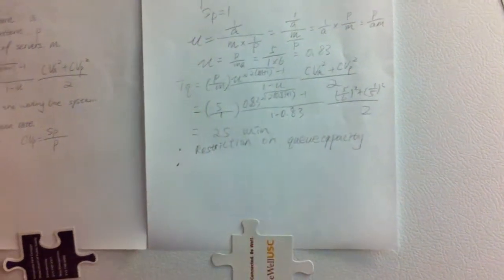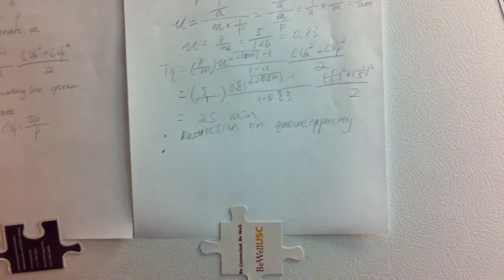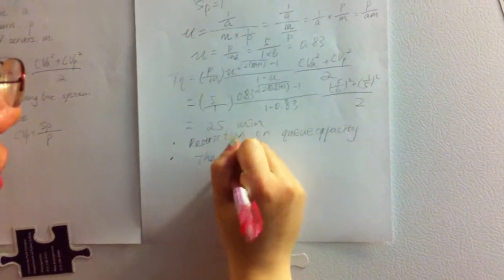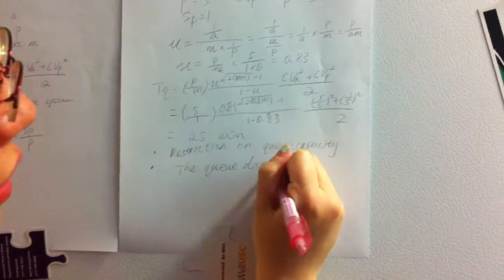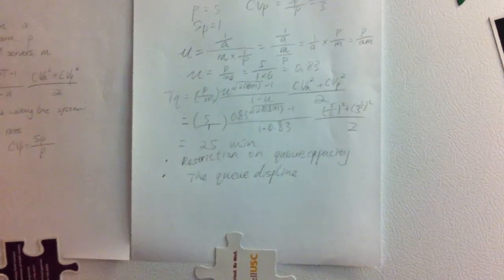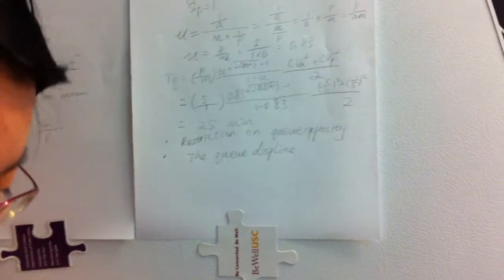And the last one is called the queue discipline. There are lots of queue disciplines. For example, first come, first served, or emergency first. Reservation first. If you have a reservation, you are served first. So, yeah, that's basically the waiting line system.